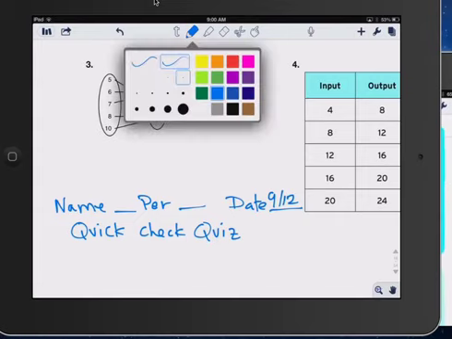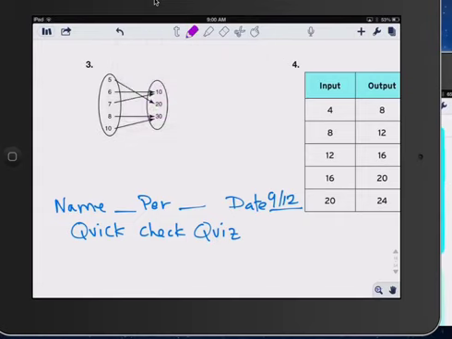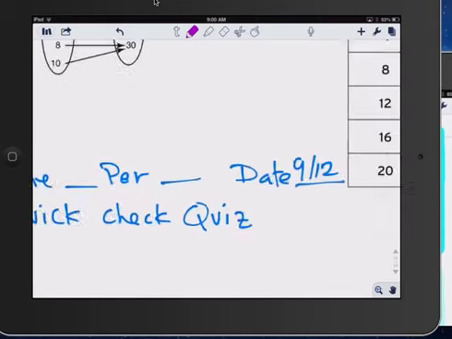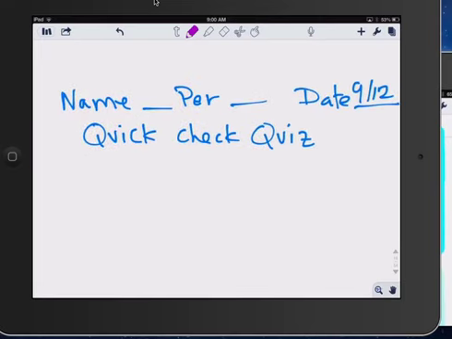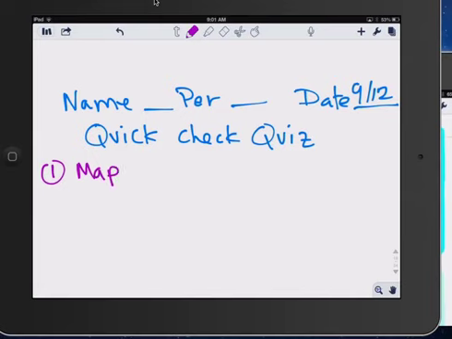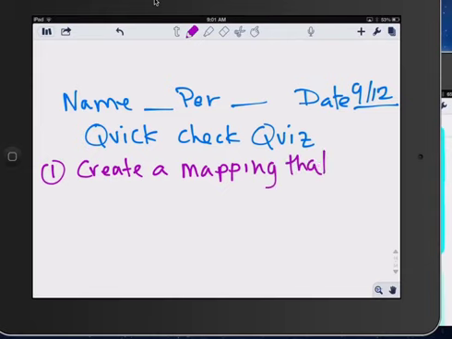Okay, I want you to create a mapping using different numbers than these. You don't have to write this down. I'm going to write it. Create a mapping that is a function.